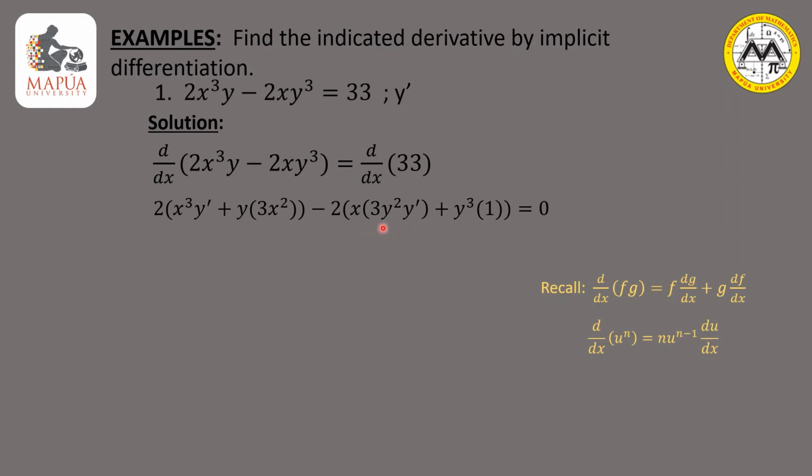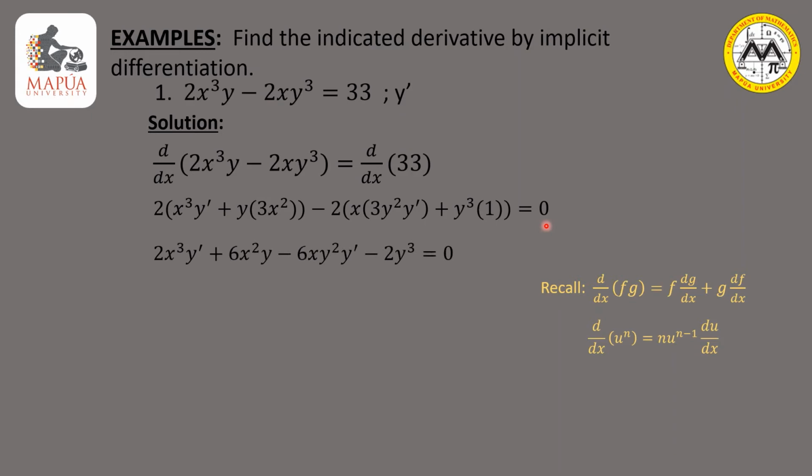So, this now would give us, for the derivative, 3y squared times y prime. The second term will be y cubed times the derivative of x, which is equal to 1, and this left member would equal 0, the derivative of the constant 33 with respect to x.